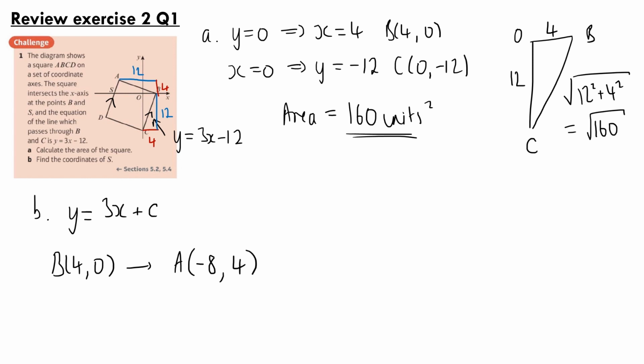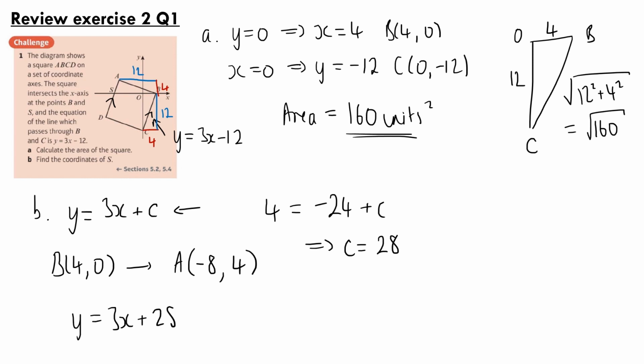And to find the coordinates of S, all we need to do now is find the equation of the line going through D and A. So plugging (minus 8, 4) into this equation here, we get 4 is equal to minus 24 plus c. So we get that c is equal to 28. So the equation of the line going through AD is going to be y equals 3x plus 28.